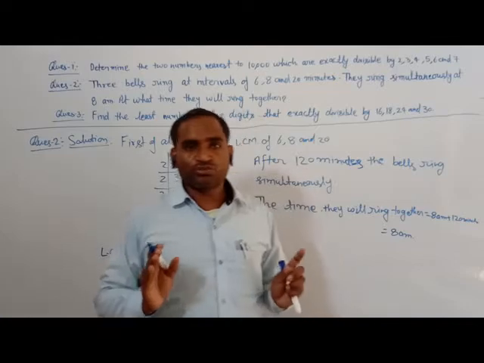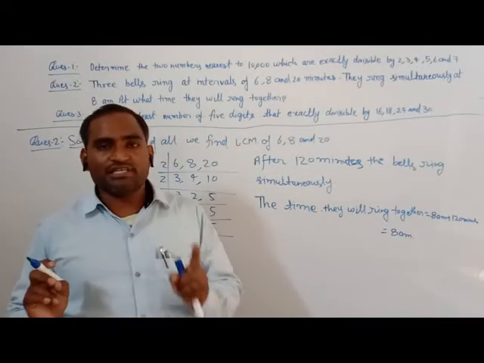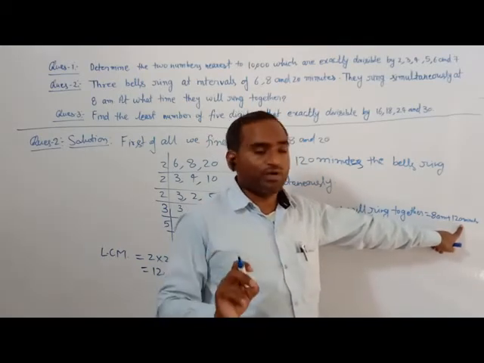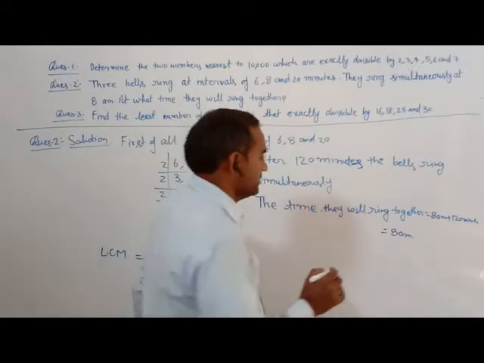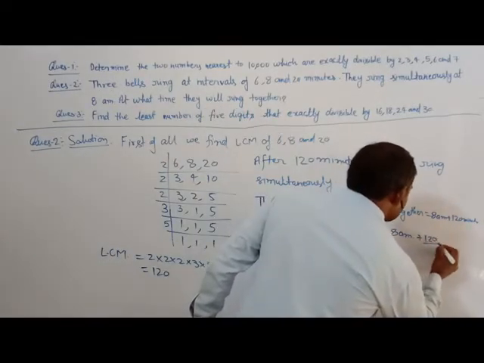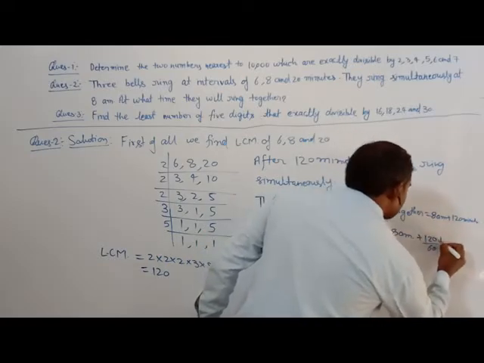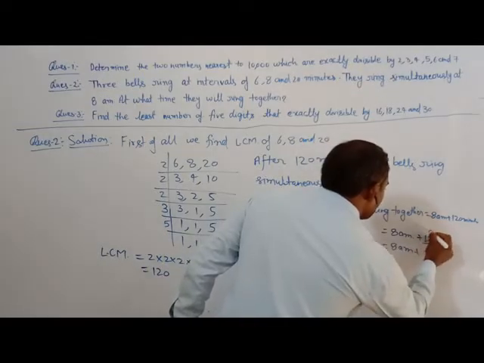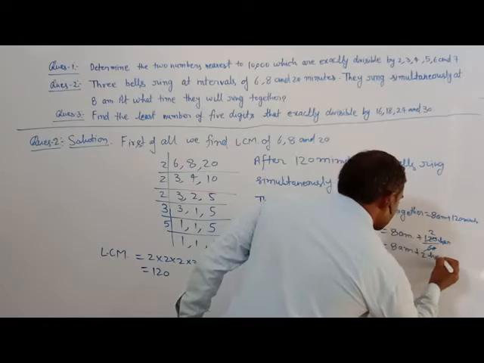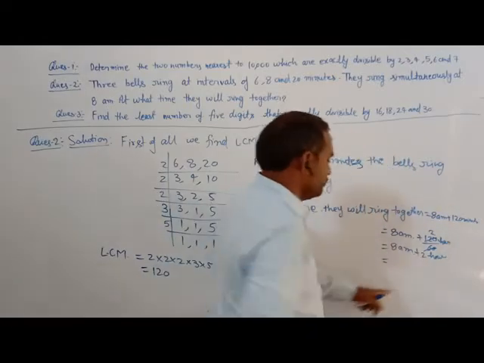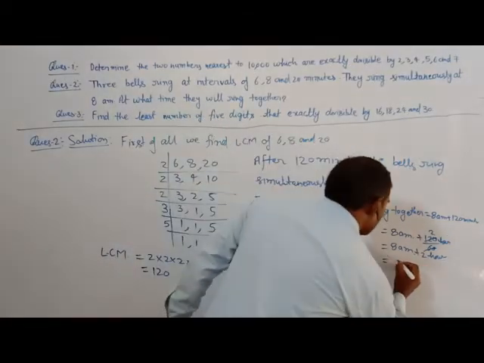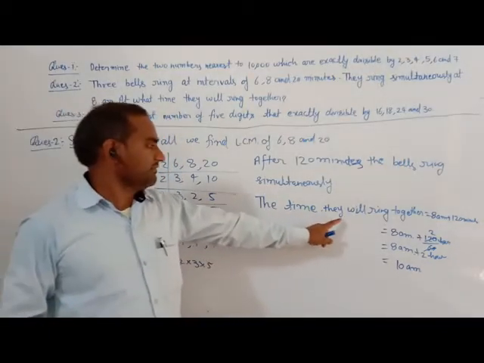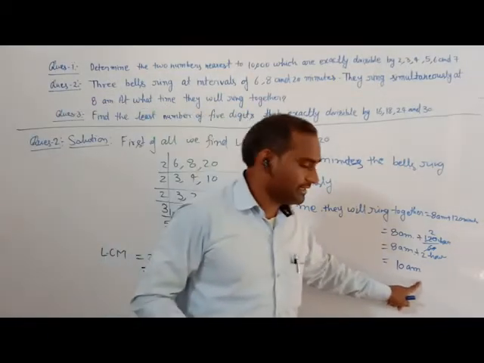All of us know that there are 60 minutes in 1 hour. So when we change 120 minutes into hours, we divide 120 by 60, so minutes convert into hours, which is 2 hours. Now 8 AM plus 2 hours. When we add 2 hours to 8 AM, it becomes 10 AM. So the time they will ring together is 10 AM.